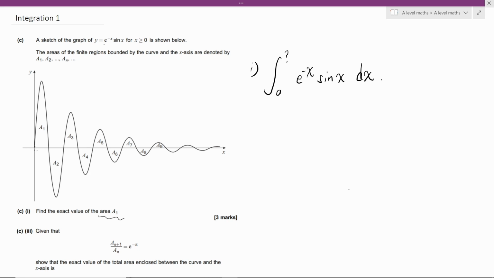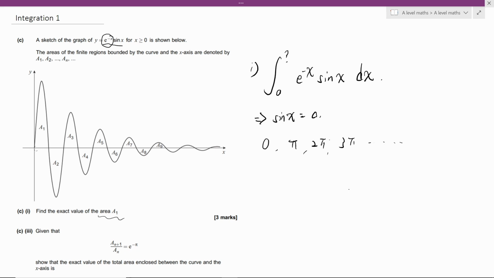So look at the graph now. Look at the function e to the minus x sine x. We know that e to the minus x is always positive for real x. So whenever the function reaches 0, that means sine x must be equal to 0. And I think you can tell from the graph that sine x equals 0 when x is 0, pi, 2 pi, 3 pi, and it goes on and on.